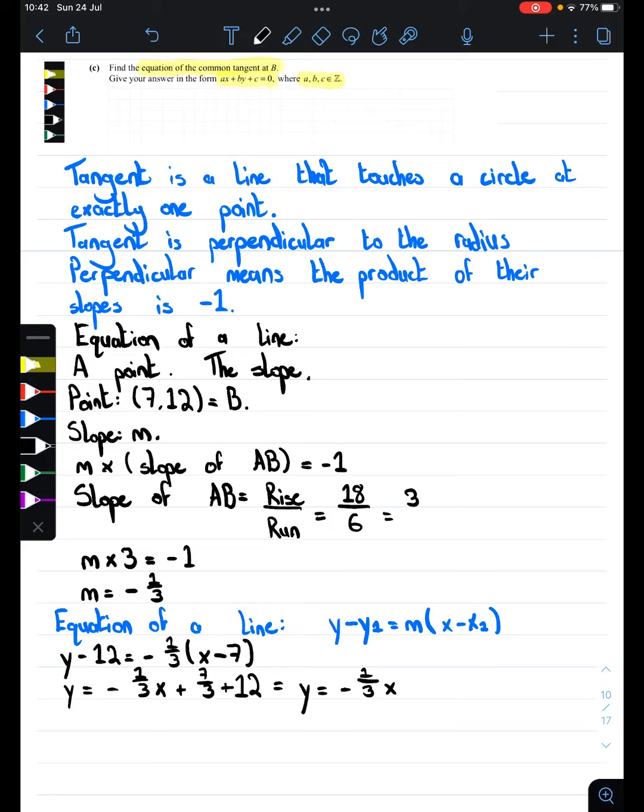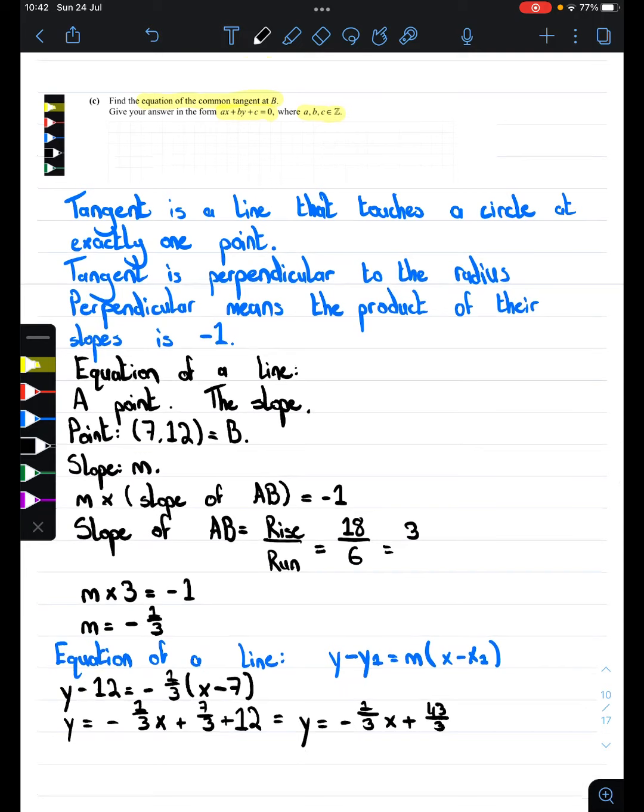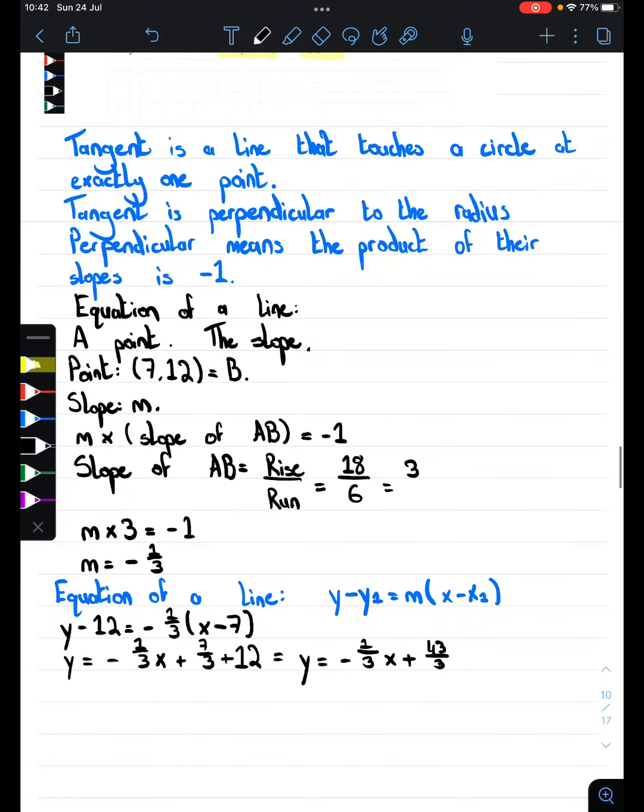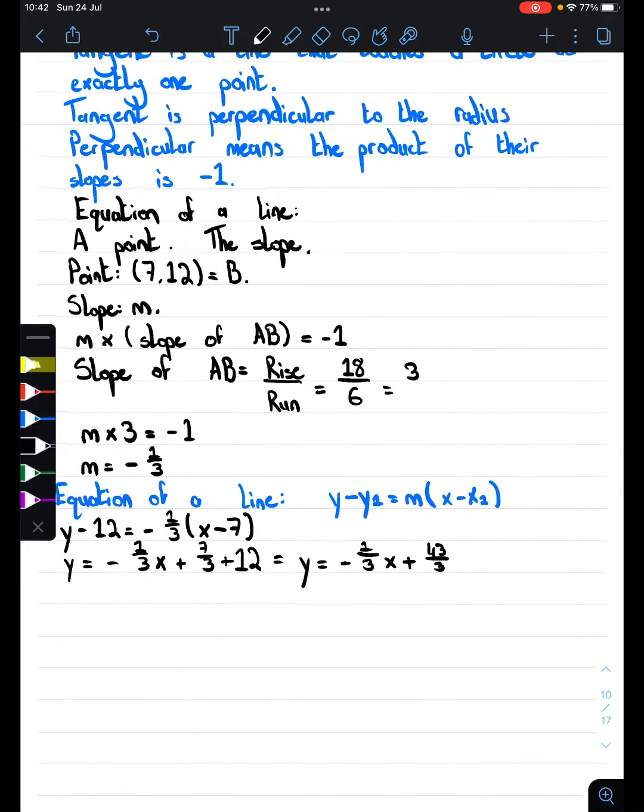So the equation of the line is y equals -1/3 x plus 43 over 3. Okay, so we have the equation of the line, but it's asking us to answer in the form ax plus by plus c. All right, so let's bring the x and the constant over. So we get 1/3 x plus y minus 43 over 3 equals 0.